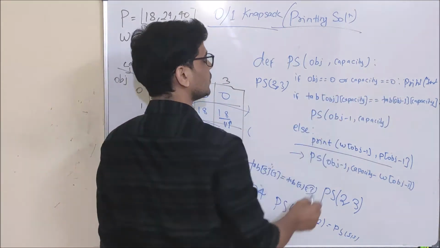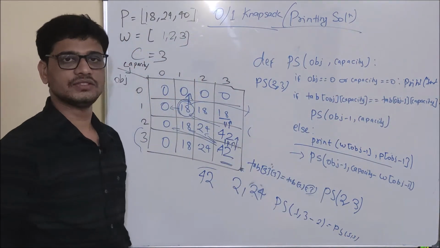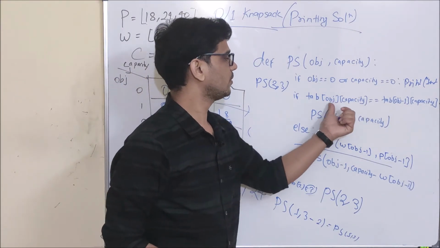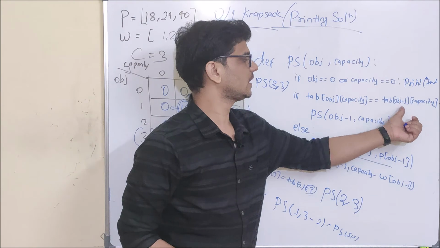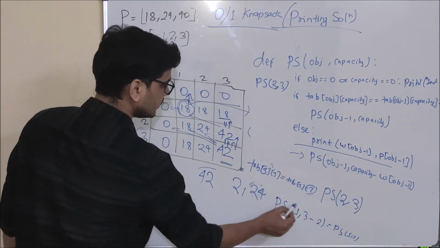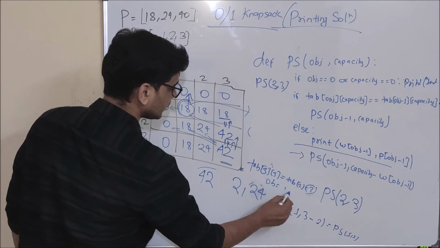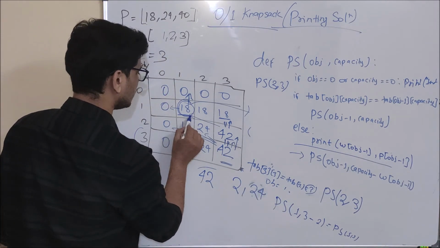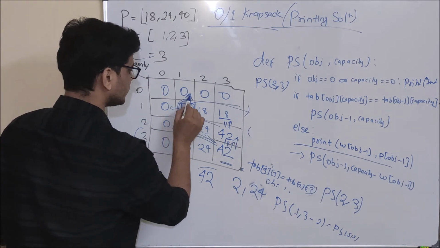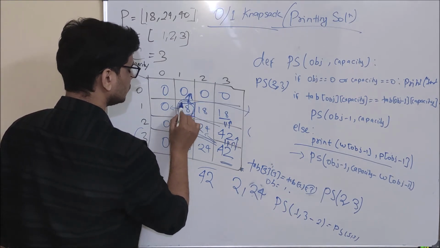This condition will be checked, and after this check is done, we will check whether tab of object capacity is equal to tab of object minus 1 capacity. So here object is equal to 1 and capacity is equal to 1. So we will check whether this value is equal to this value or not.